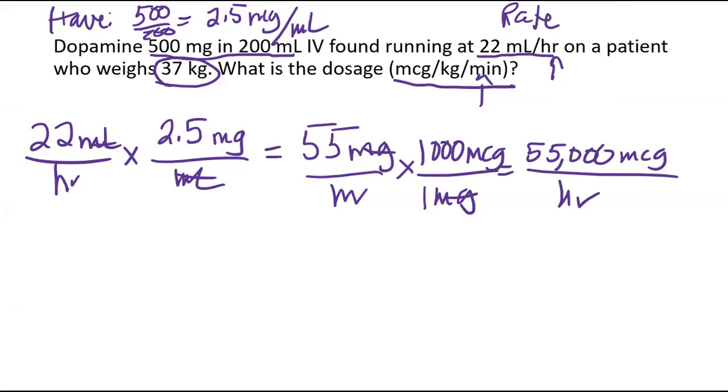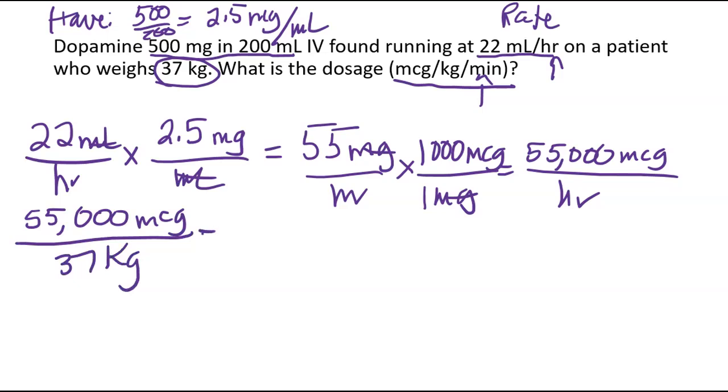The next step we want to do is find out how much per kilogram we're going to get. Okay, so we say, all right, 55,000 micrograms divided by 37 kilograms.